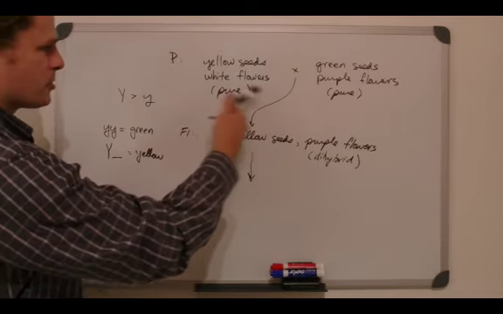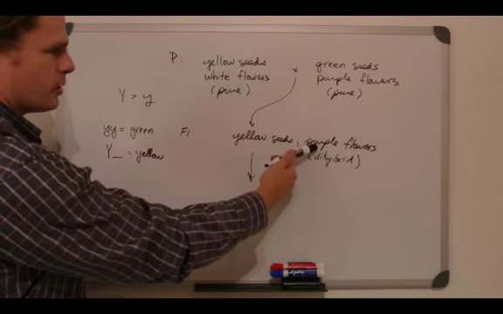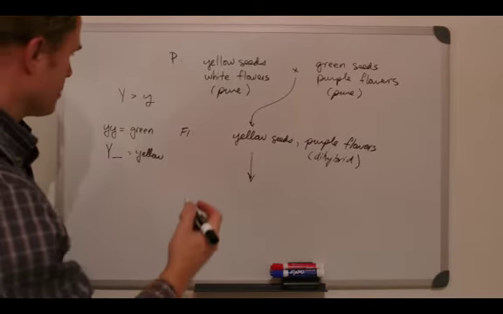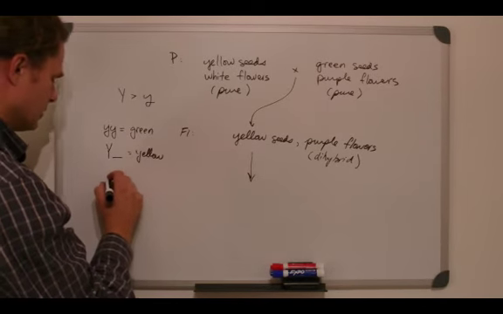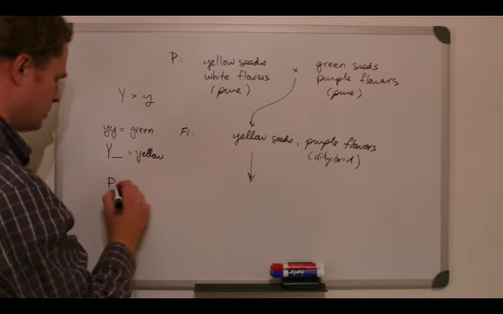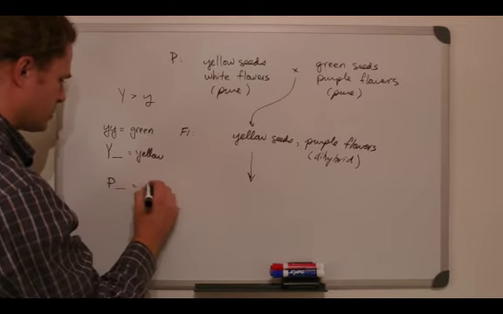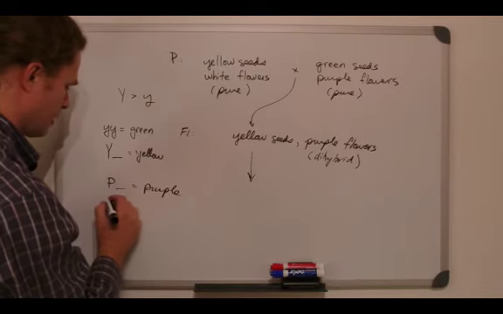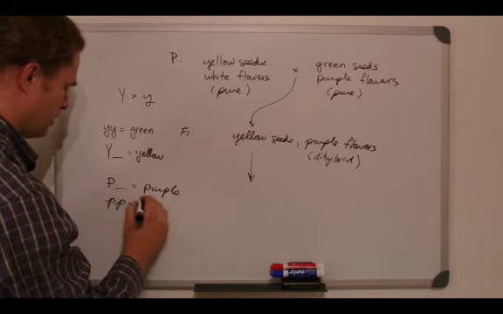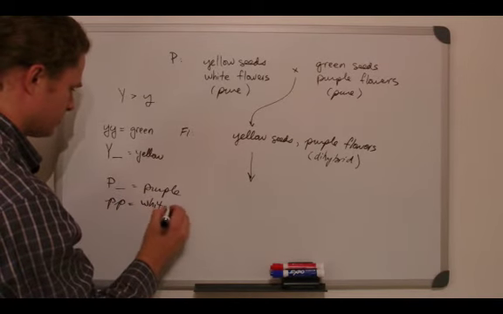Now for purple versus white, in the F1 we see purple flowers. So I'll define a new allele as P dash giving us purple and little p giving us white.